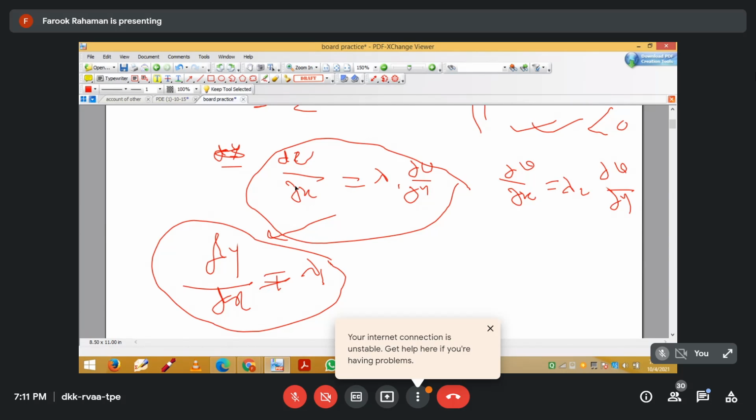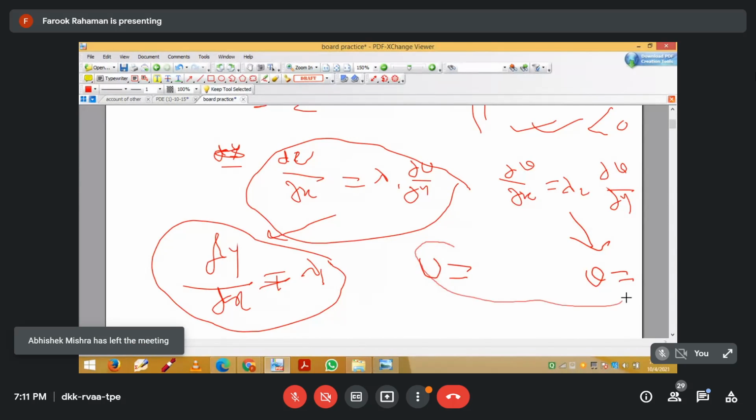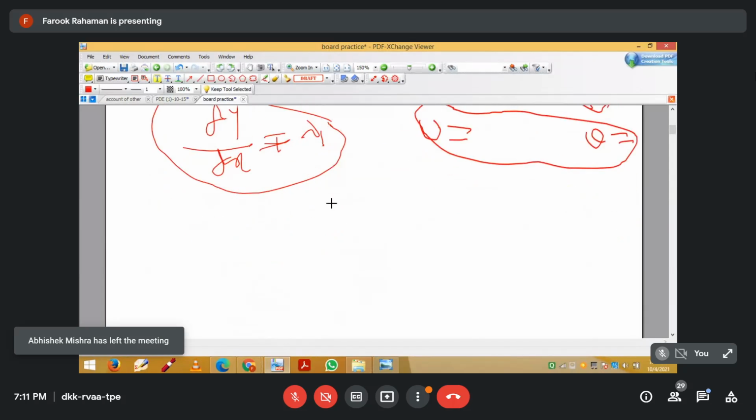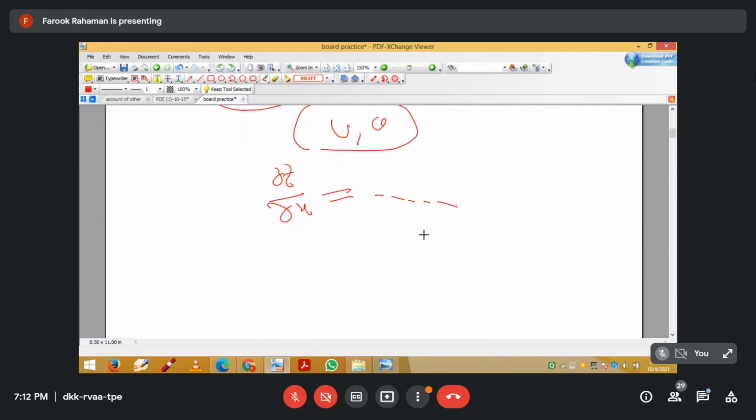From this one can easily solve the solution. The solution gives u, and the solution of the other will give v. So now we have in hand the transform functions, that is u and v. Now the original equation can be transformed in terms of u and v. For the original equation, you use the chain rule.